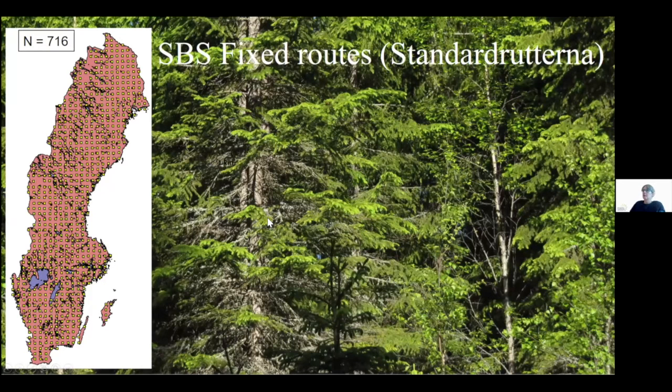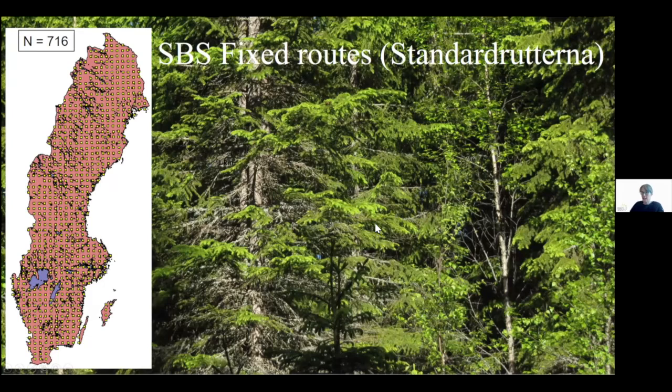Anyhow, the fixed routes from the Swedish bird survey, the so-called standardrouterna. I actually chose this background picture to illustrate that sites are systematically placed without regard for the convenience of the surveyor.